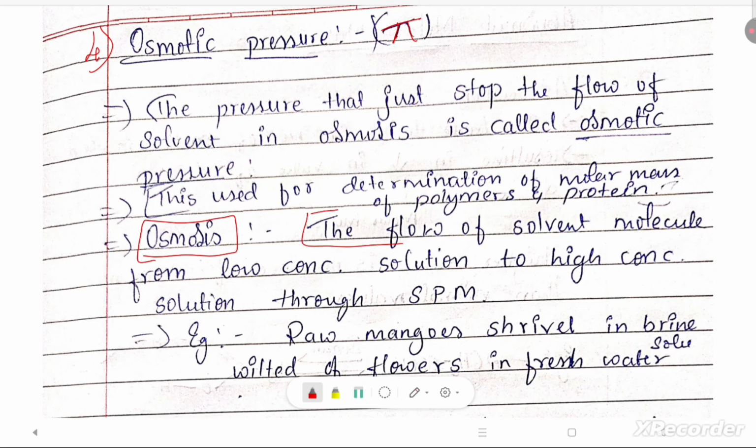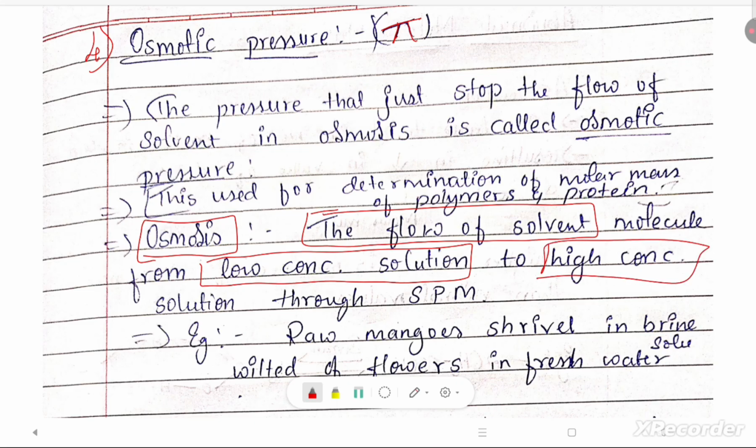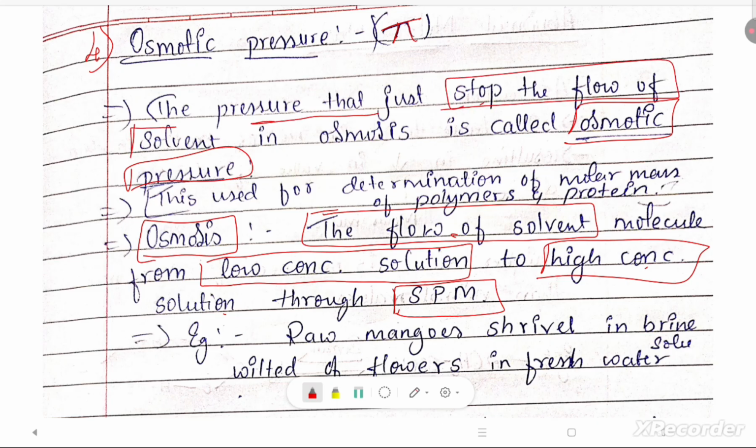Osmosis means the flow of solvent molecules from lower concentration to higher concentration of solution through a semi-permeable membrane. This is called osmosis. Osmotic pressure is the pressure that stops the flow of solvent in osmosis.